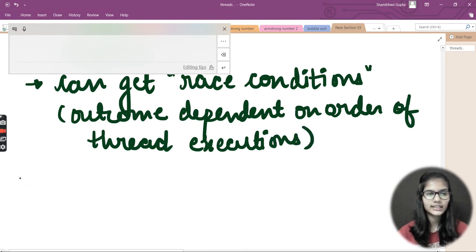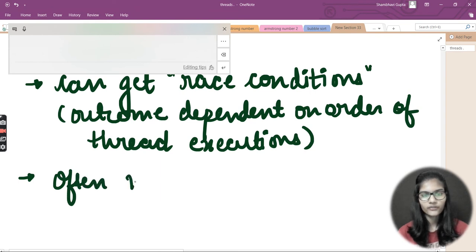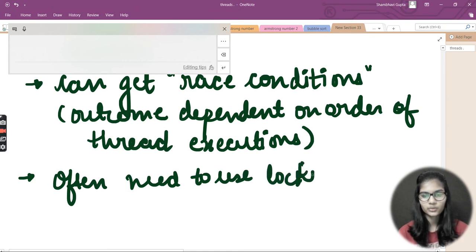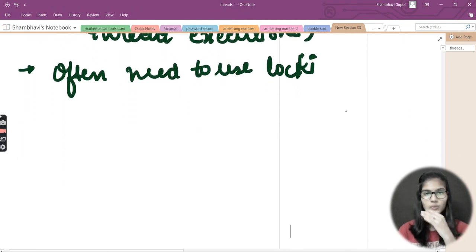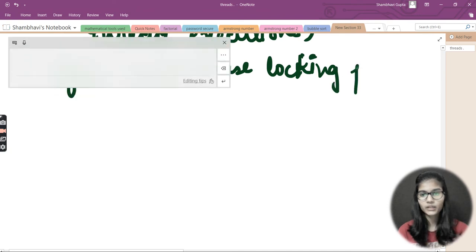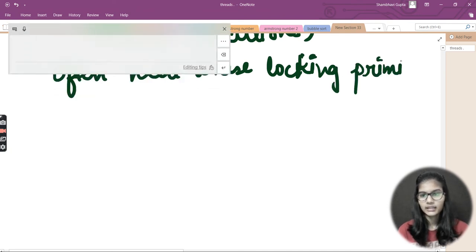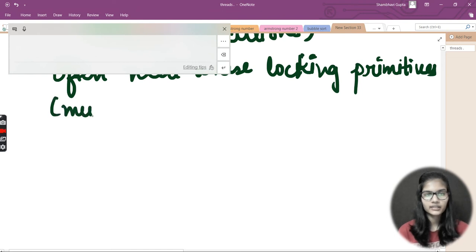Right, now the third thing that comes here is that threads often need to use locking primitives. Let me write that and come down first of all. Often need to use locking primitives like this. And in the bracket I will start the things here, okay?